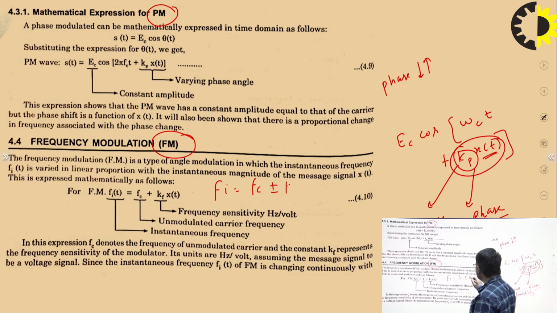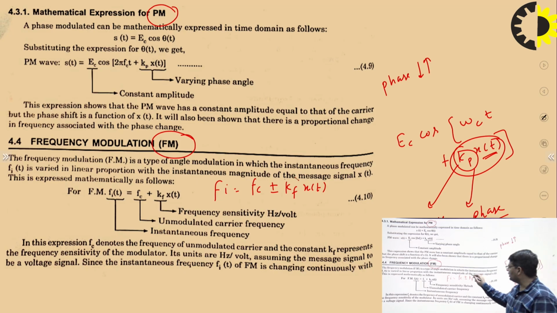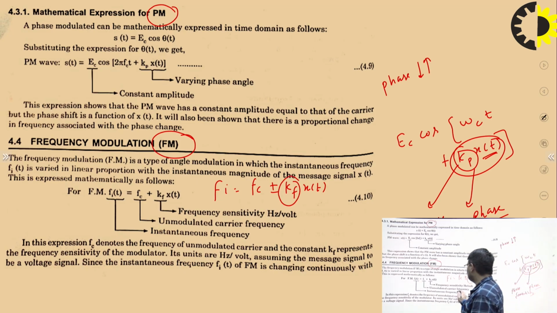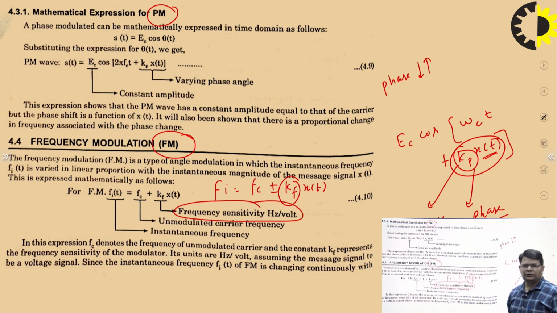Now, for the frequency sensitivity, we will have kf into message signal x(t), and this kf is the frequency sensitivity, in the unit hertz per volt. So in angle modulation, we vary the angle component of the carrier signal according to the message. That angle component may be the frequency or the phase of the carrier signal.